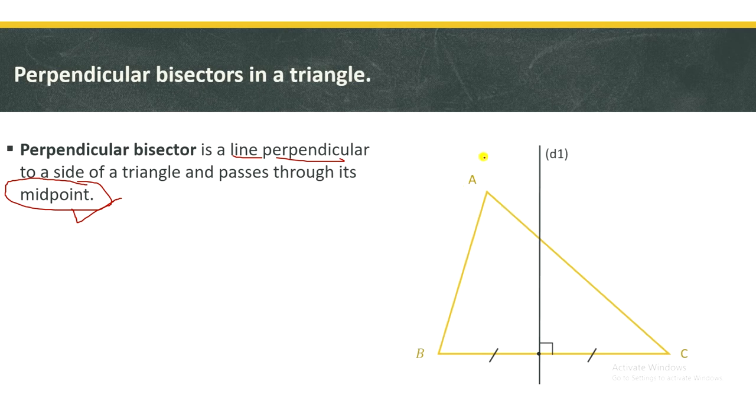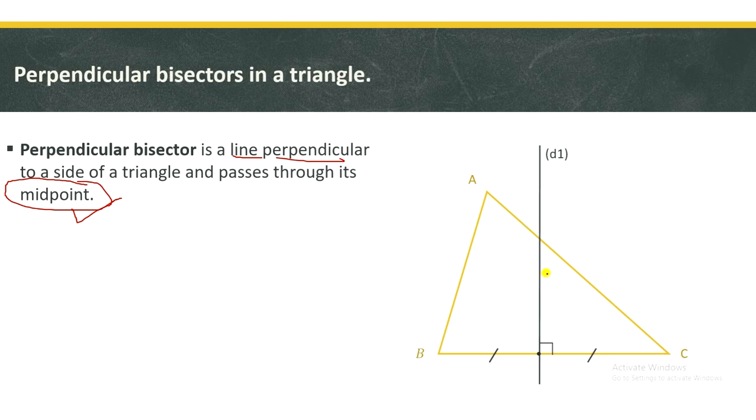The three remarkable lines, median, height and angular bisector, always pass through the vertex, but the perpendicular bisector may pass through the vertex in some cases or not. In this case, the perpendicular bisector does not pass through the vertex.